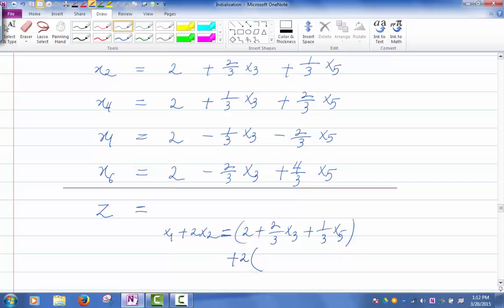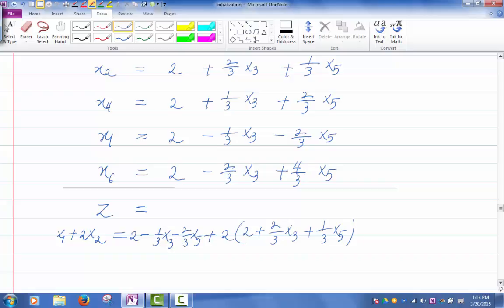If you don't mind, let me just do the following, okay? We have x1 plus 2x2. So this would be 2 times that, so that's x2, and x1 is 2 minus 1/3 x3 minus 2/3 x5.